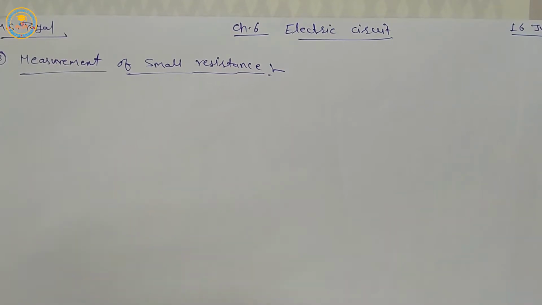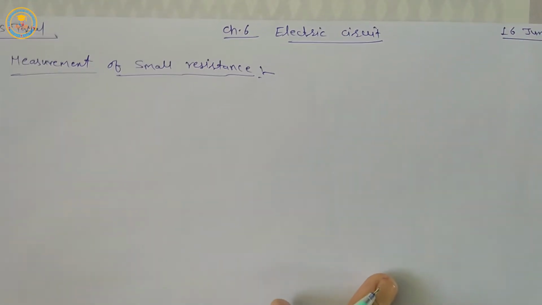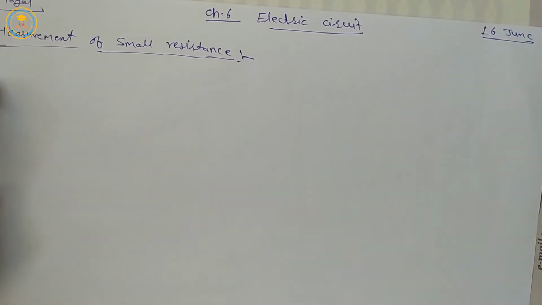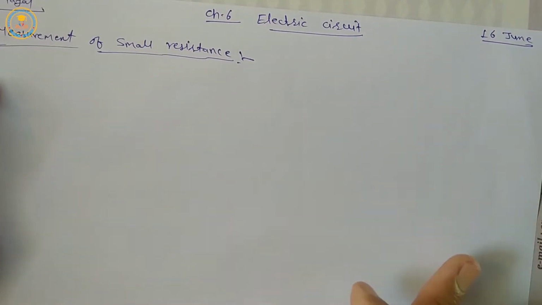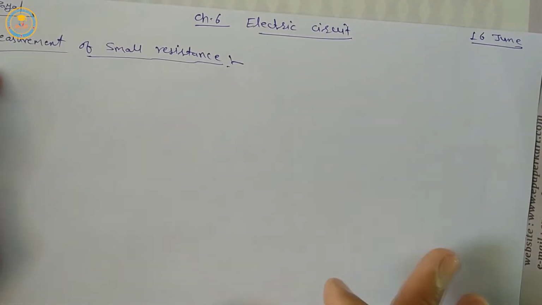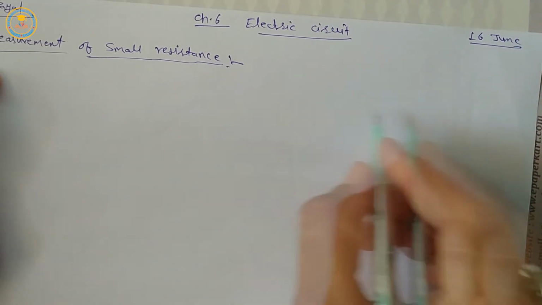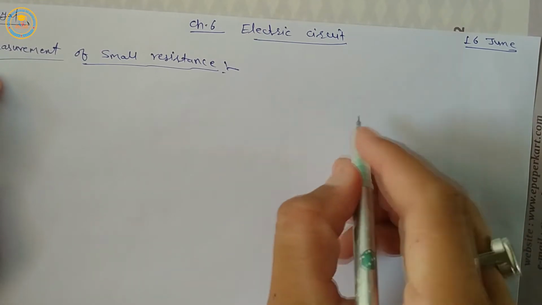Firstly, we draw the circuit diagram of a potentiometer. First, we draw the primary circuit of potentiometer. I speak the structure and plot the diagram.